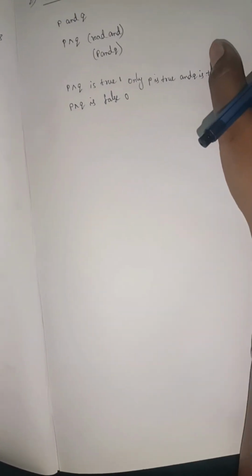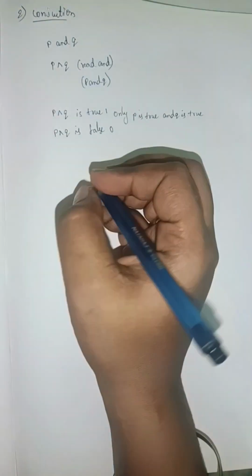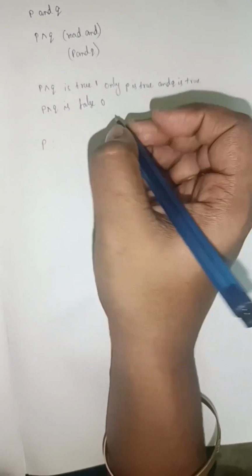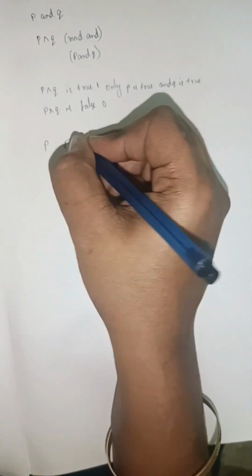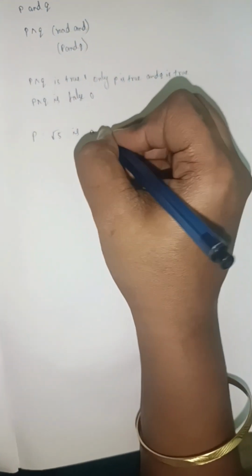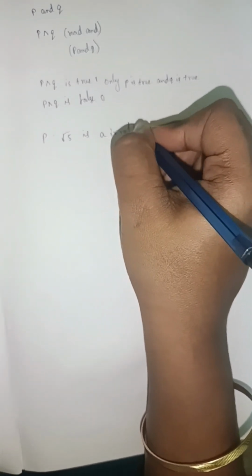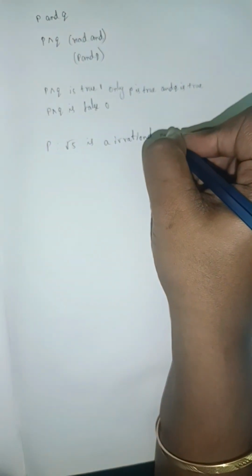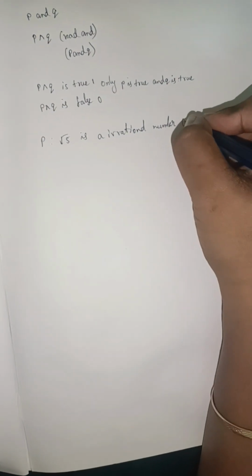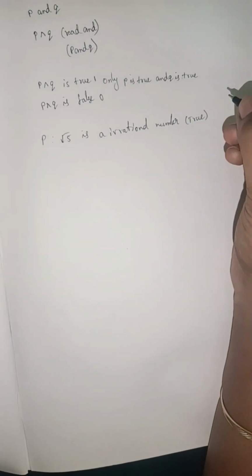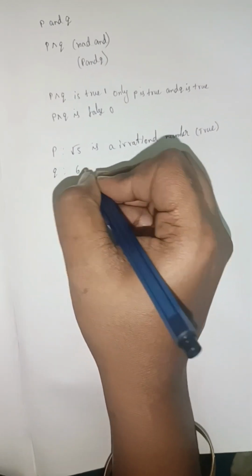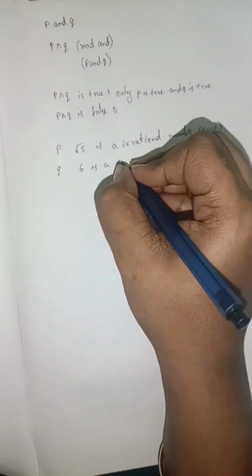How is it now? For example, proposition P is root 5 is an irrational number. This is true. Q is 6 is a prime number.